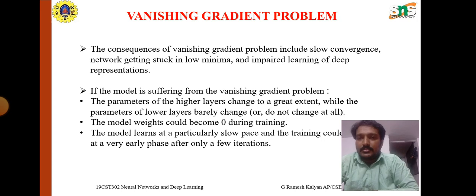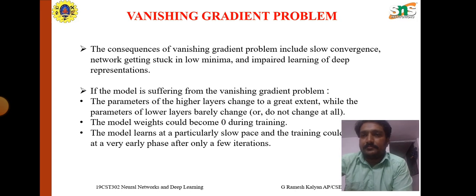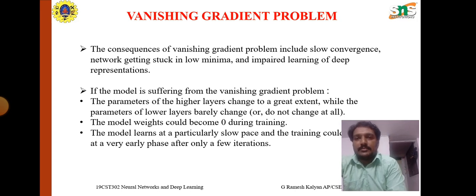The third condition is that the model learns at a particularly slow pace, and the training could be at a very early phase after only a few iterations. So the first one is that the parameters of higher layers change to a greater extent, but the parameters of lower layers do not change at all.